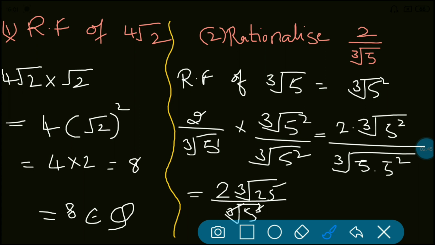Now the cube and cube root will get cancelled. So the final answer is 2 into cube root of 25 divided by 5. That's it. We have completed 2 questions. Let's move on to the third question.